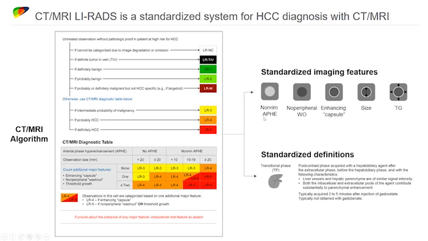And LIRADS also provides standardized definitions not only for the imaging features, but anything that has to do with the diagnosis of HCC on CT/MRI, including definitions of the phases, definitions of the technique, and so on. So this is a way to really standardize the process across various institutions and levels of expertise.